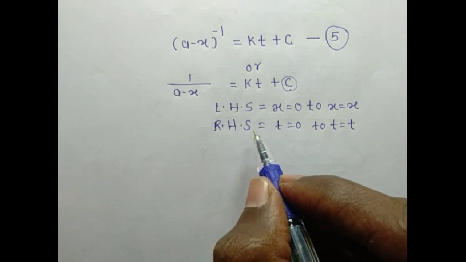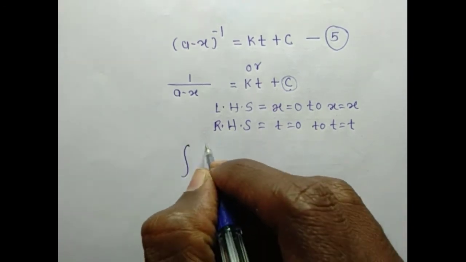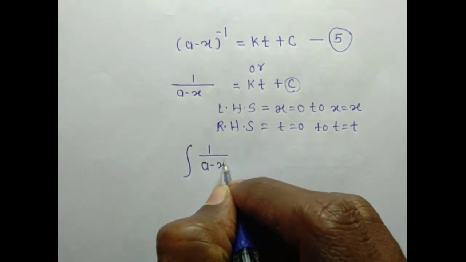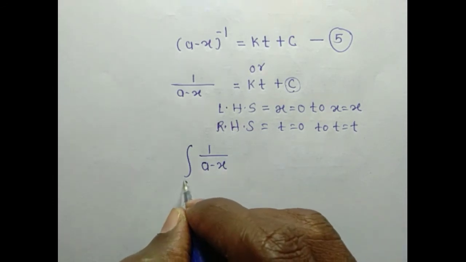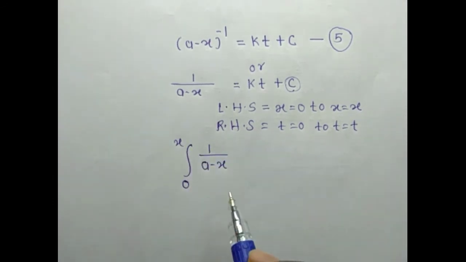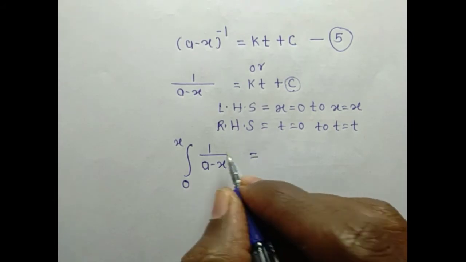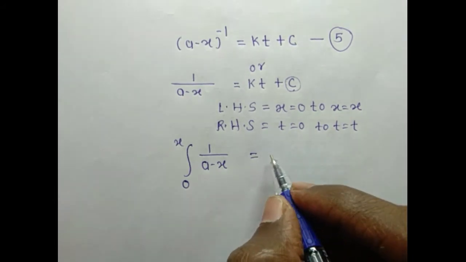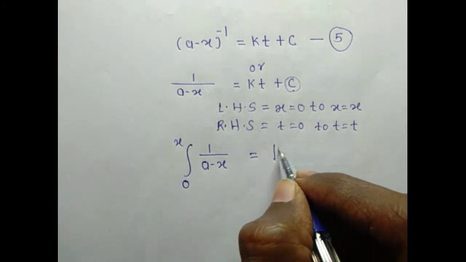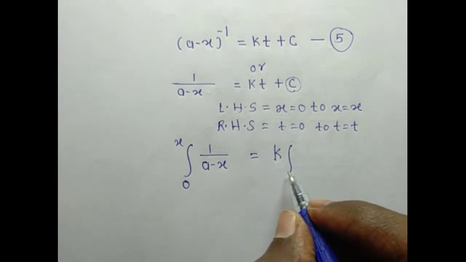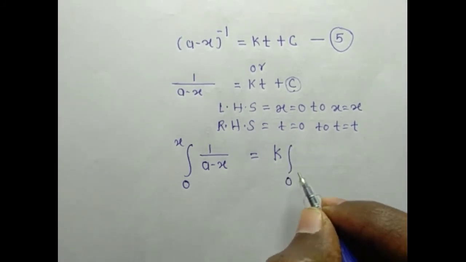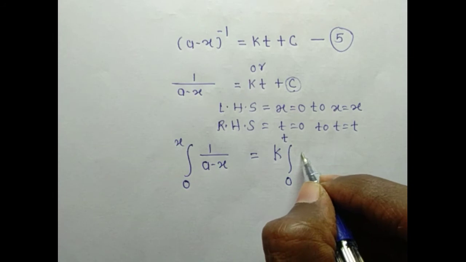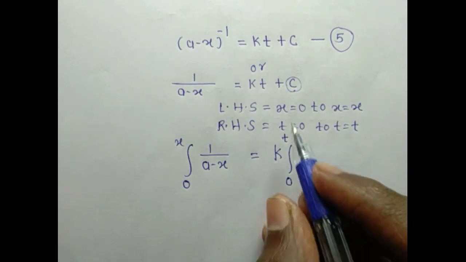These are our limits. Now integrate the above equation number 5 between the limits x equal to 0 to x equal to x. Now 1 upon (a − x) is equal to k outside the sign of integration, and 0 to t, that is t.